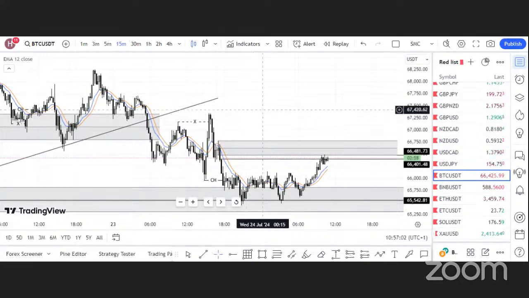All right, so we have less than 3 minutes to the end of the current candle.